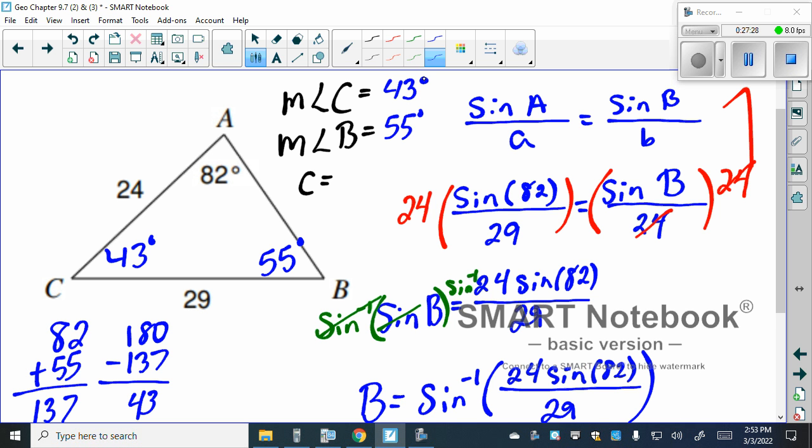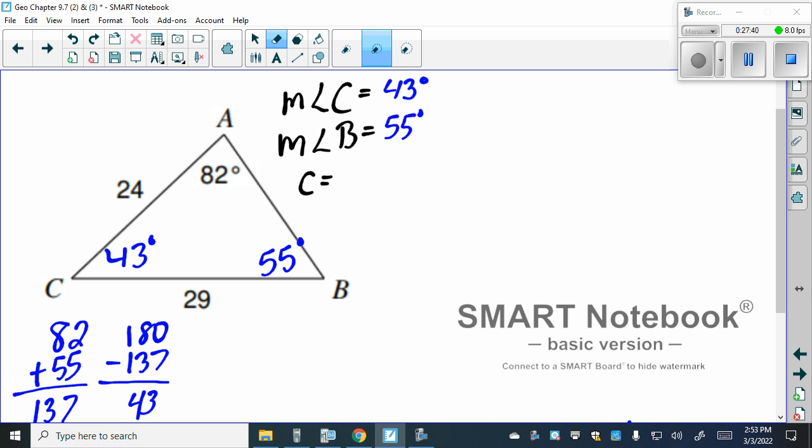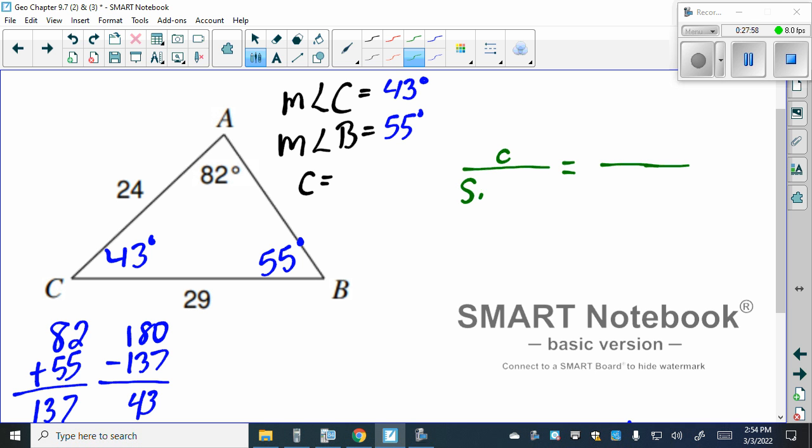Well, we're still missing what? C, yes? It's not a right triangle, but we already know what we're going to do. We're going to do what we just did on the previous problems. Because our missing side length C is going to be over sine of 43 is equal to, I need a side length, 29 over sine of 82.